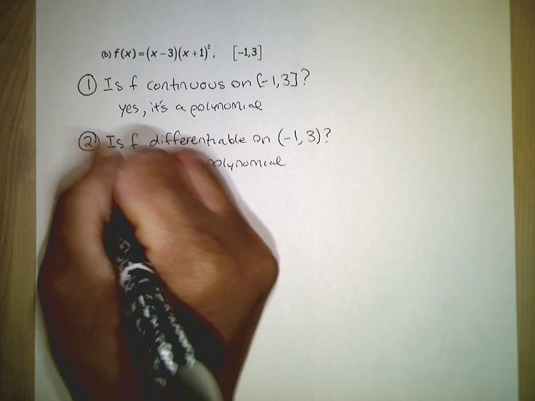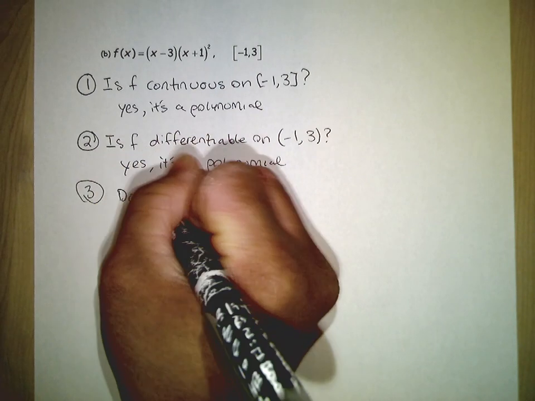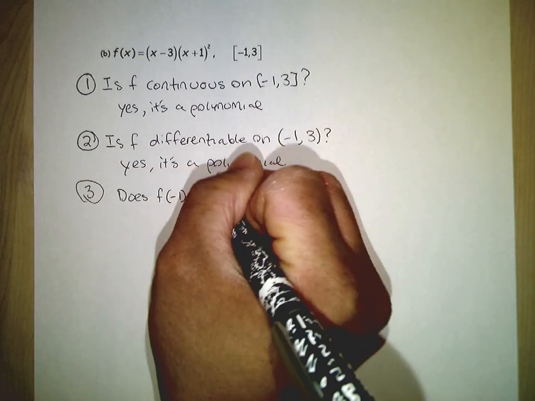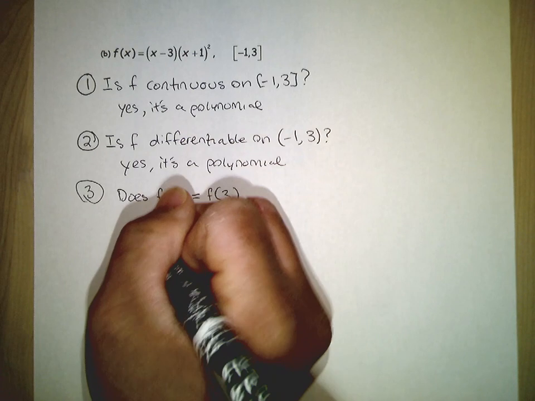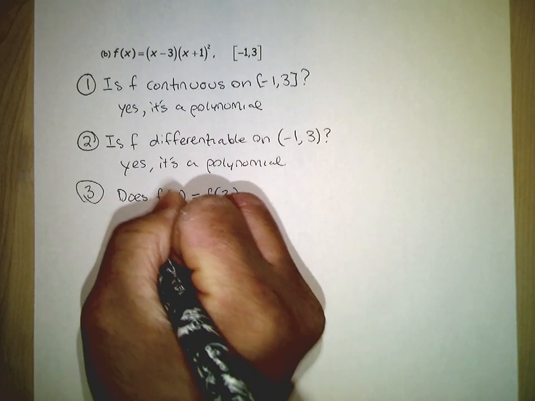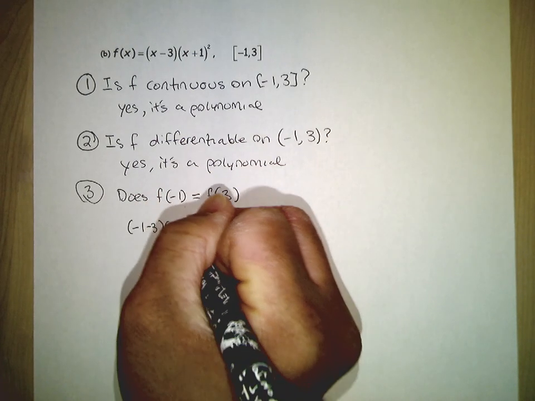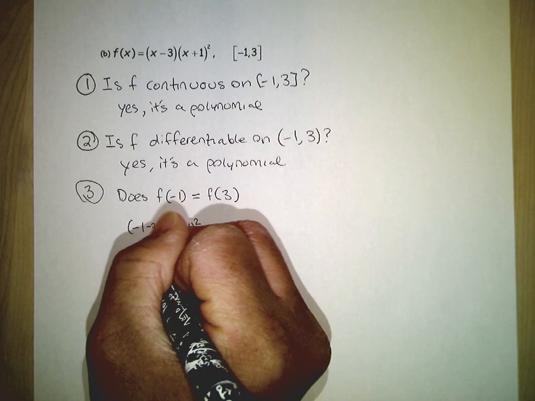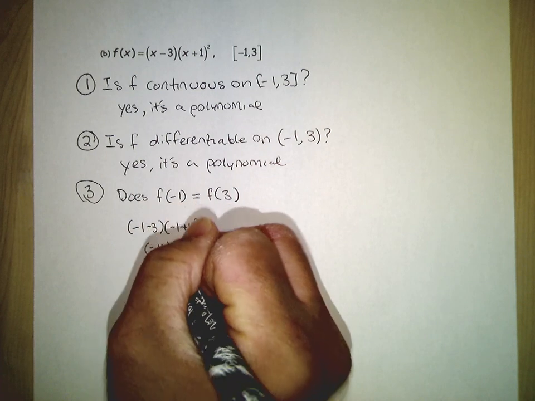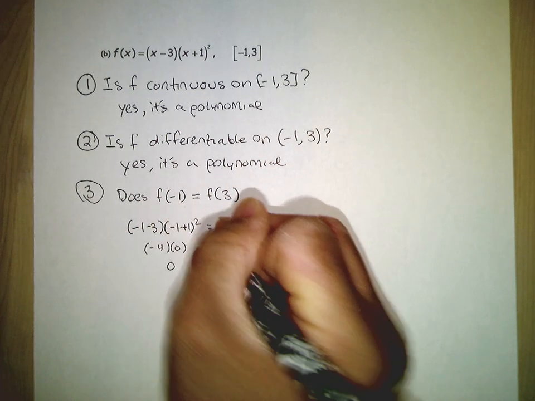And 3, does f of negative 1 equal f of 3? Well, negative 1 minus 3 times negative 1 plus 1 squared, that will be negative 4 times 0, which is 0.